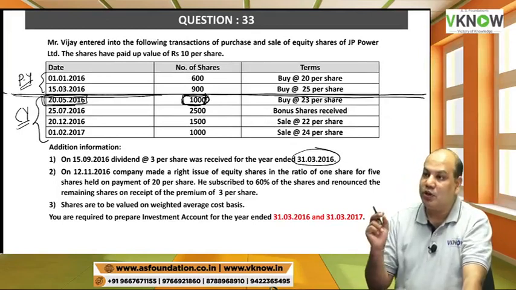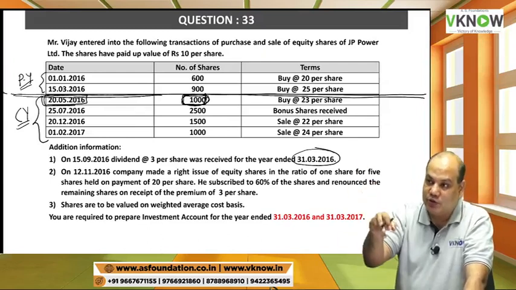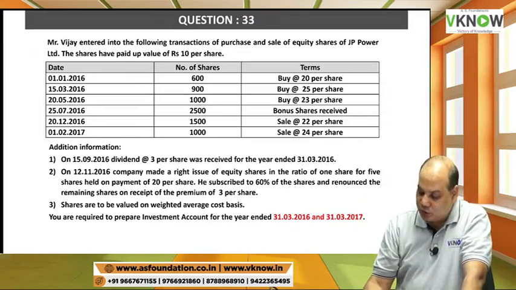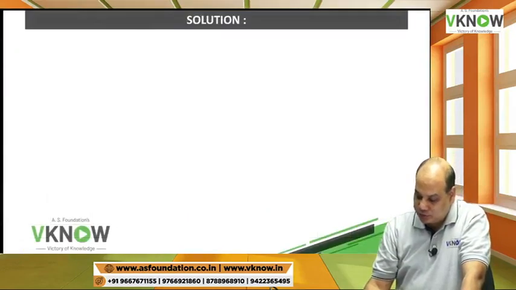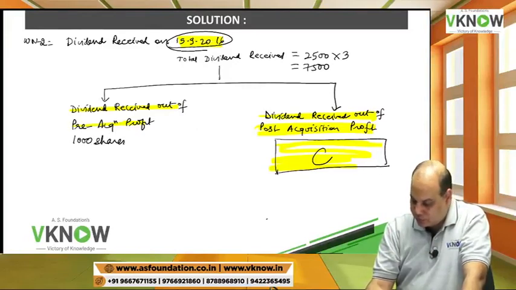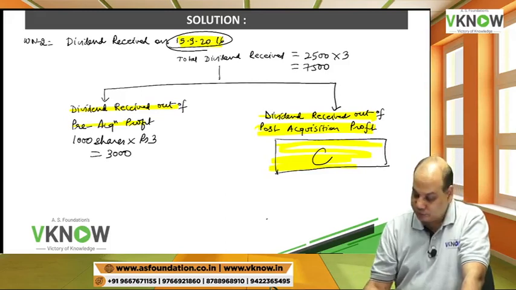So Vijay will receive dividend for a period for which he was not a shareholder. So dividend received on 1000 shares at the rate of rupees 3 is dividend out of pre-acquisition profit.